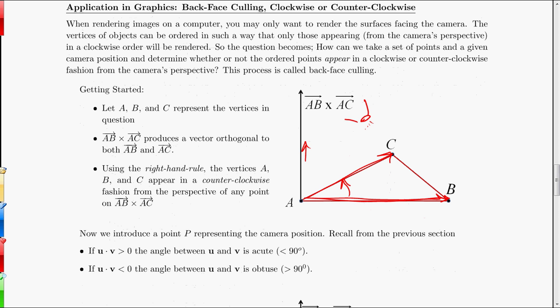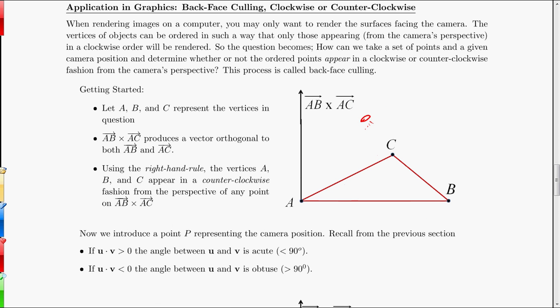What's worth knowing is that if you're above this plane, then these points are going to appear counterclockwise. Does that make sense? If my camera is up here, I've got counterclockwise orientation of the points. So you remember this.